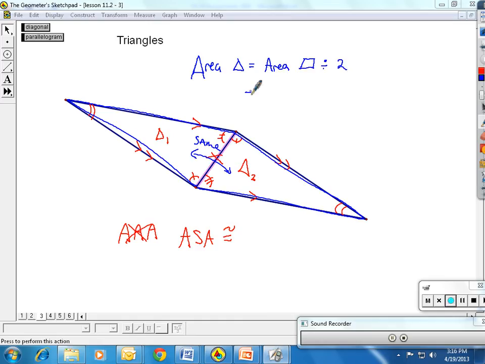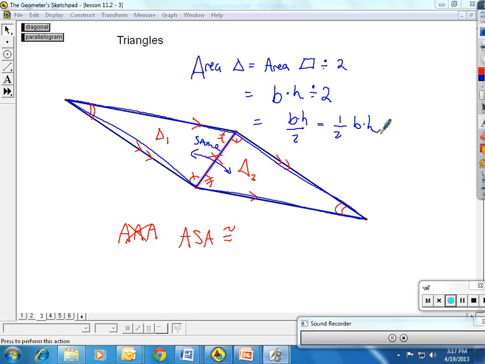So what is that? Well, that's base times height divided by 2, or 1/2 base times height. Area of a triangle is 1/2 base times height.